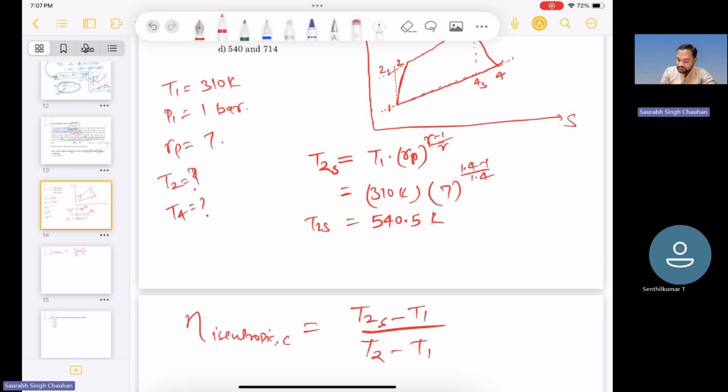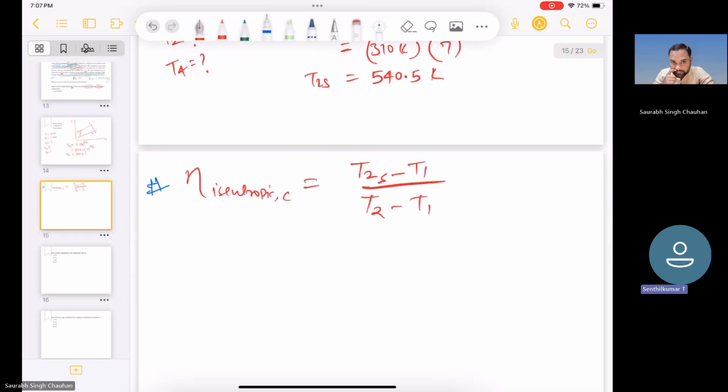So this value will be less than 1, because T2S is smaller than T2, correct? This is how we define the isentropic efficiency. Is there any doubt in this step?